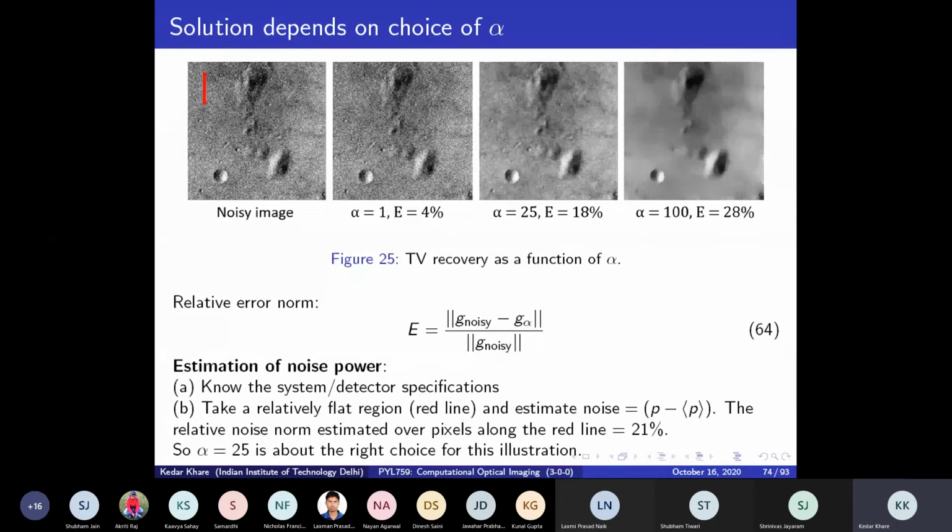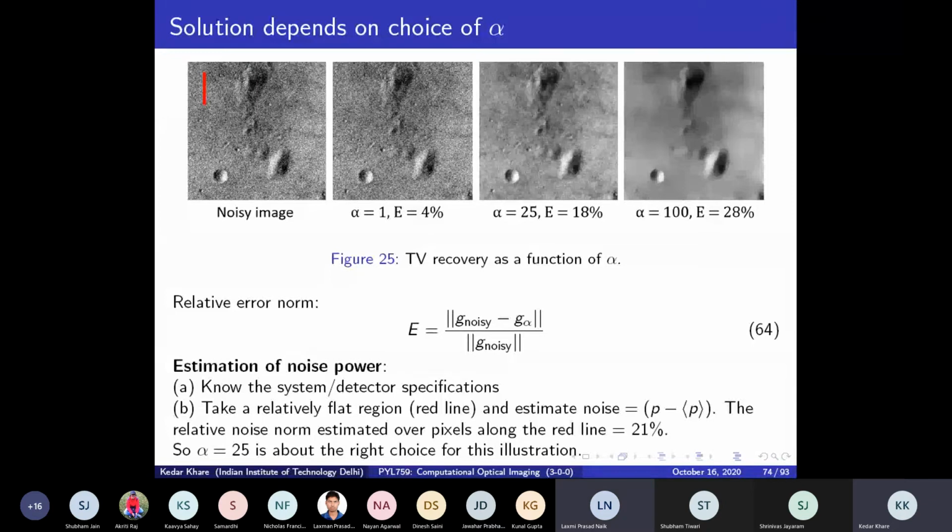But you see that along the red line, if I computed the norm of the noise divided by the norm of the pixel values itself along that line, the ratio is about the same as the error I'm getting for alpha equal to 25, so that gives me confidence that whatever I have is reasonable.